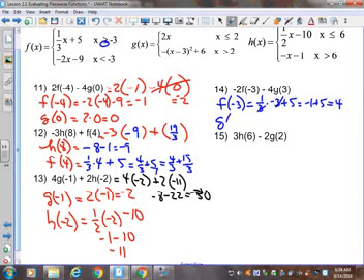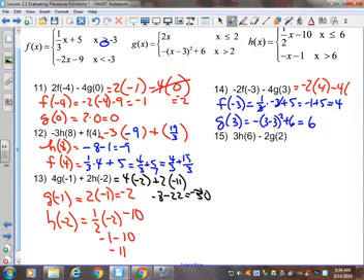Then for g of 3, and the g function 3 is greater than 2, so you're going to be plugging it in the second equation. And I believe we worked this one earlier when we put in 3 and got 6. So negative 2 times 4 minus 4 times 6. That's going to be negative 8 minus 24, which is negative 32.